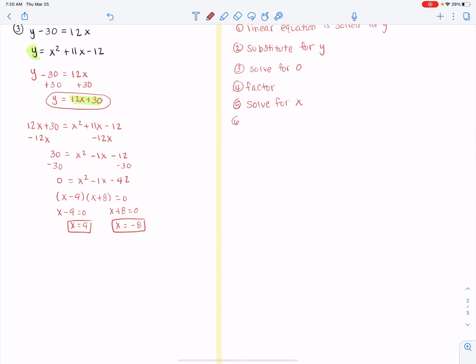So now we're going to substitute for x and solve for y. So I'm going to go back to the original equation. y minus 30 equals 12x.